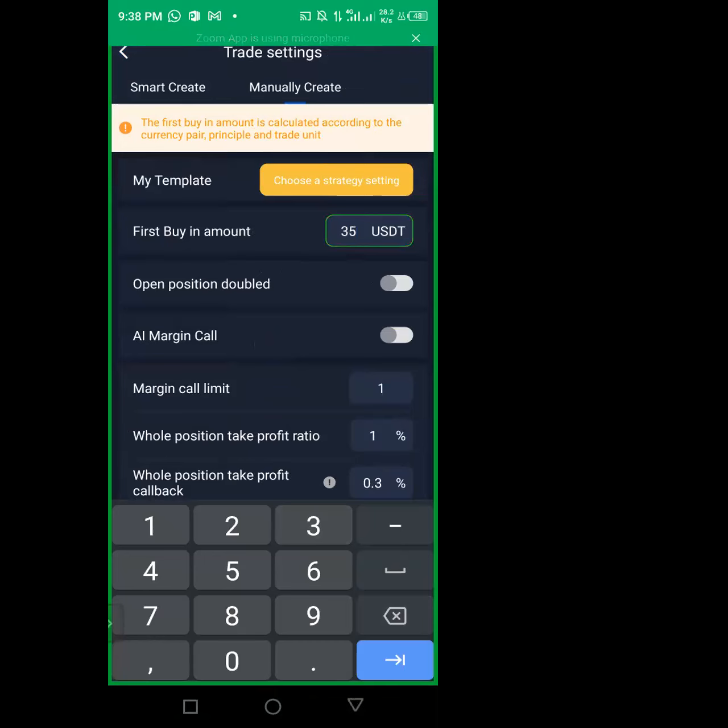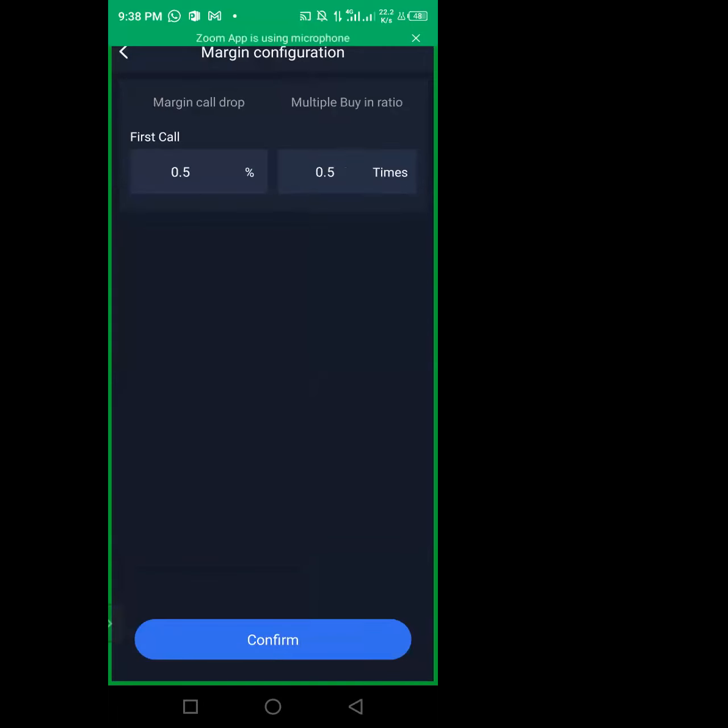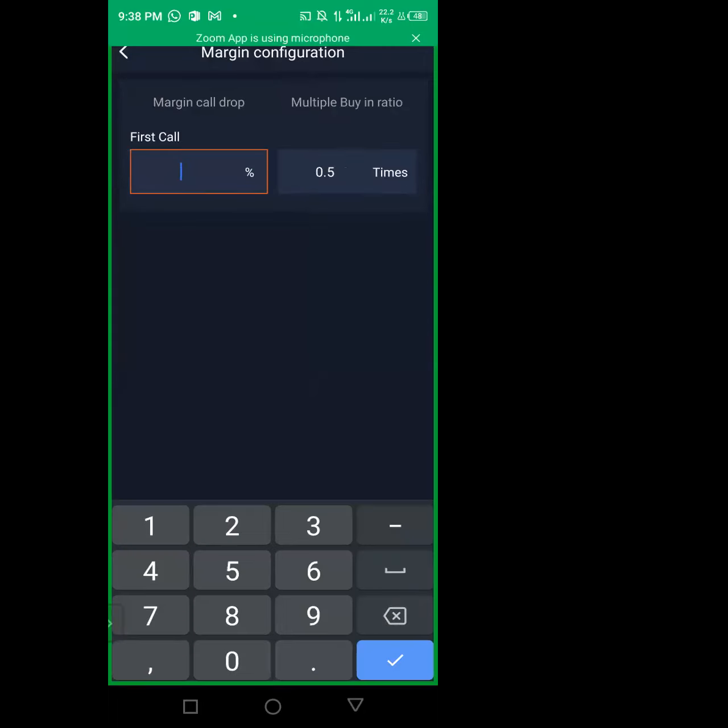That means the business of a bag of rice, you just want to start it with $35. Now the margin call limit is 1. You now turn on the AI margin call. Look at it here. You now enter margin configuration, and you put it at maybe 3.5%.